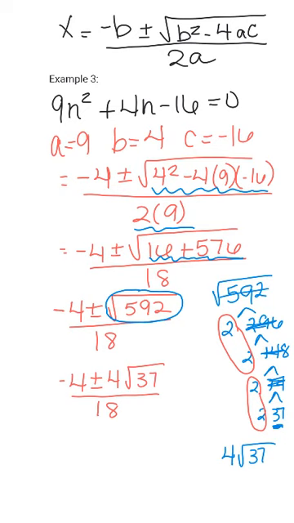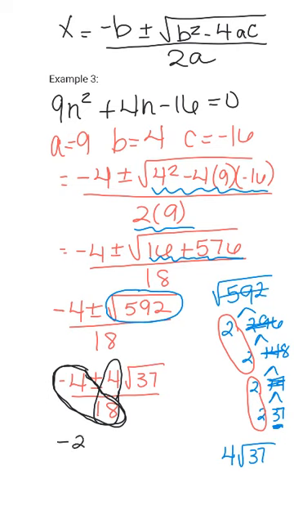Now, this is actually not the most beautiful answer. Since we did pull a number out of the square root, you want to check and see if these numbers can reduce. If they can reduce, then you want to go ahead and reduce them. So 4 and 18 are both even over here. So 2 goes into 4 2 times.